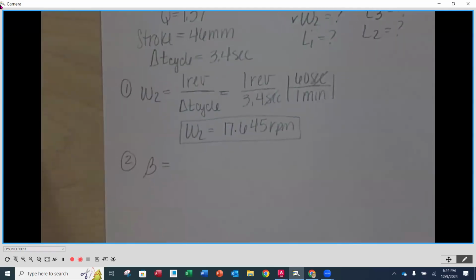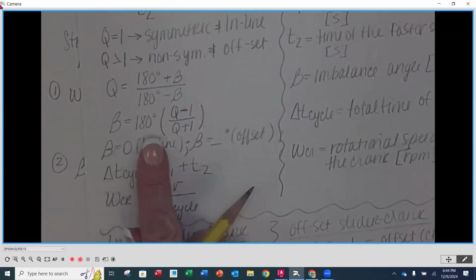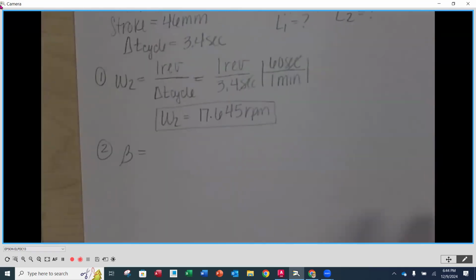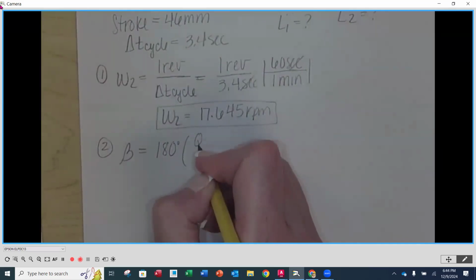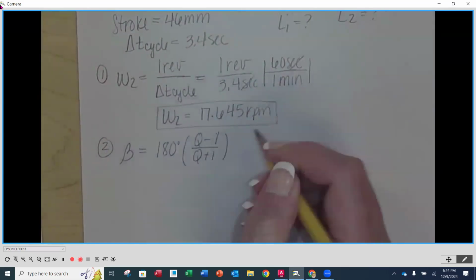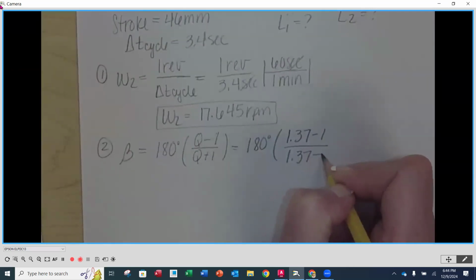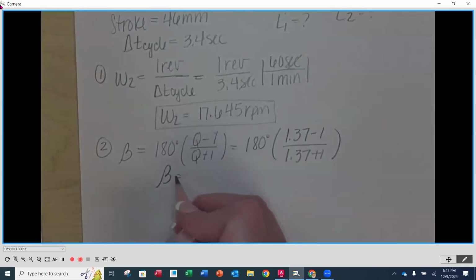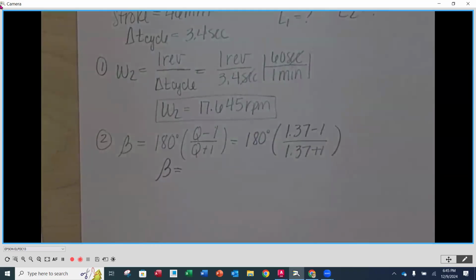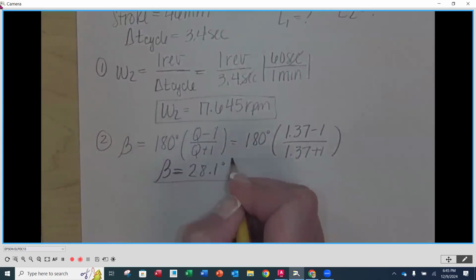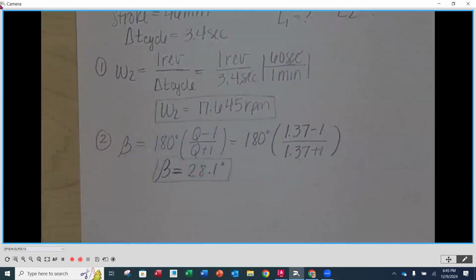Now, we've got our equation for beta: beta is equal to 180 times Q minus 1 over Q plus 1. Should get 28.1 degrees.